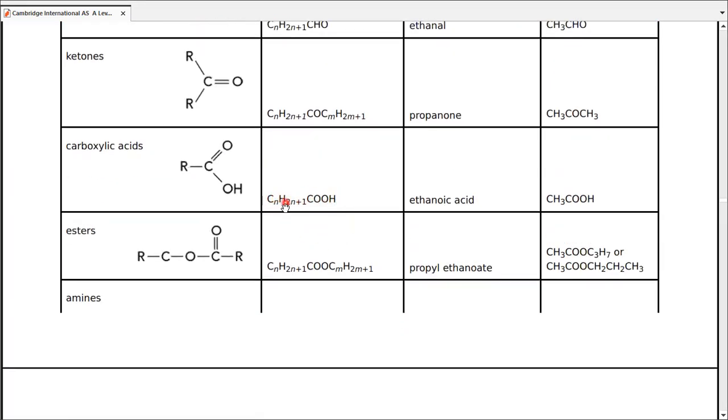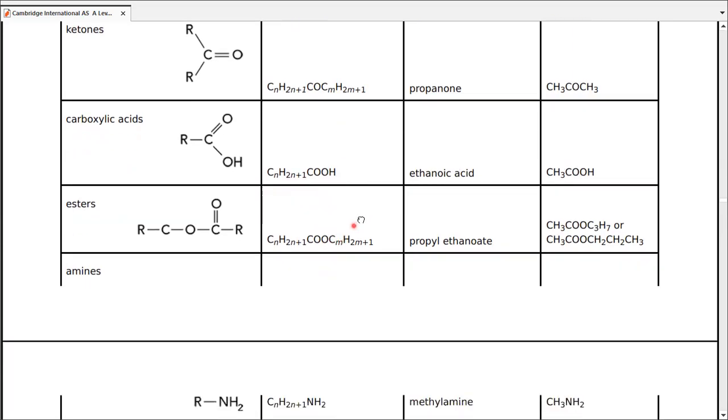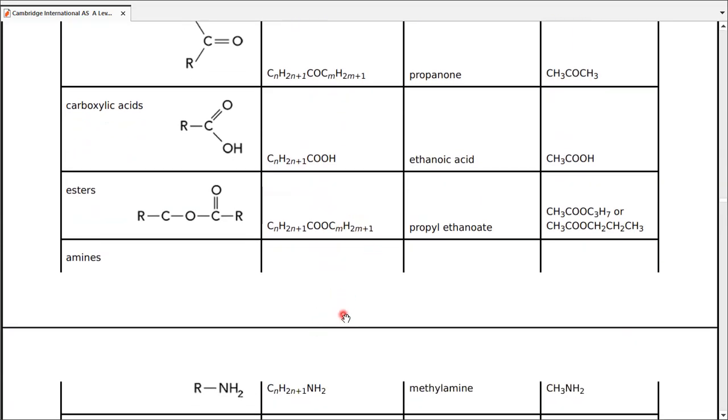So you might see the same thing over here. They might turn this into a different approach. So yeah, that is possible. Okay. Moving on, esters, CnH2n+1, CmH2m+1, COO in the center.